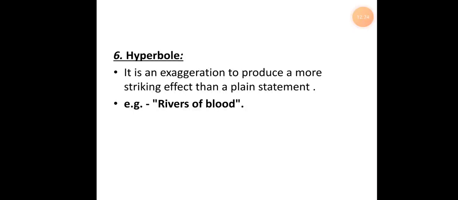So usually you exaggerate in your speaking to give a stronger effect of what you are saying. So for example, when we say rivers of blood, this is an exaggeration. This is hyperbole. With this hyperbole you want to show that many people got injured and killed in the battle.